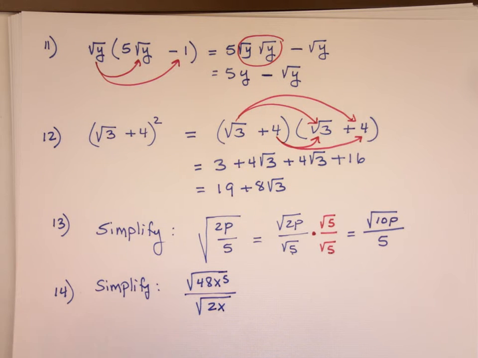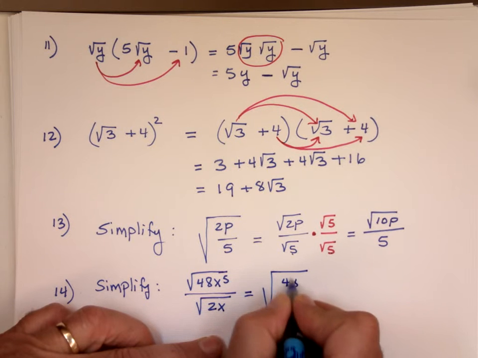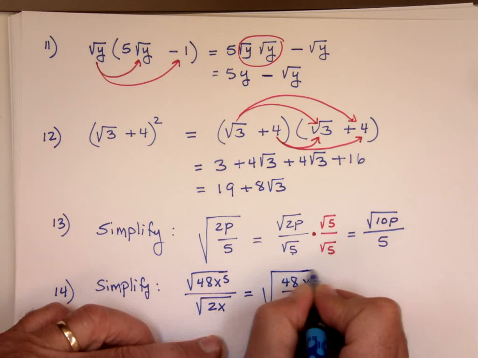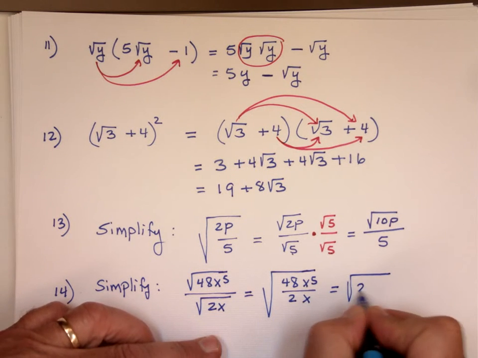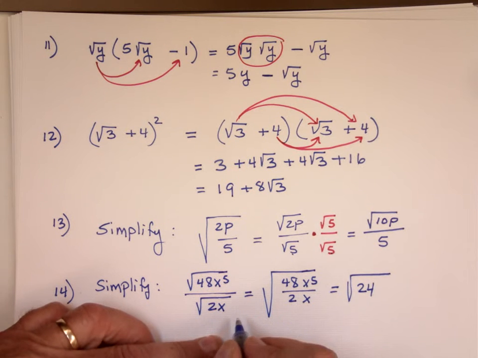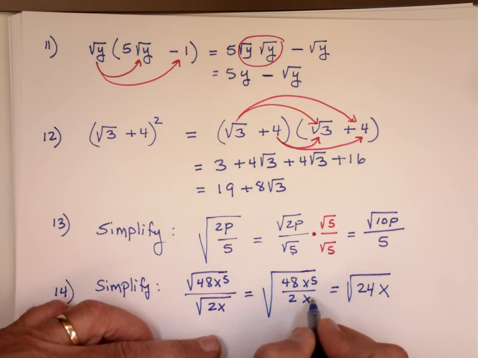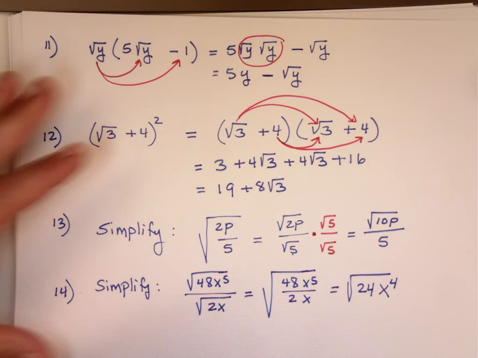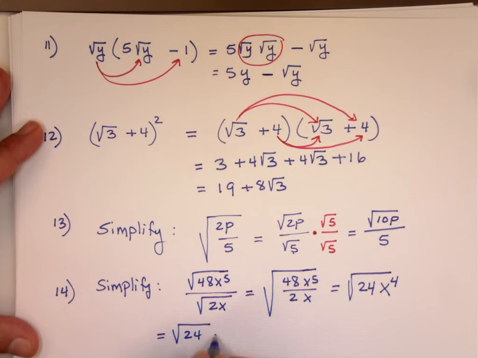You can combine these into one radical. 48 divided by 2, which is what? 24. X to what power? You subtract the exponent. 5 minus 1, which is 4. So that's equal to the square root of 24 times the square root of x to the fourth.